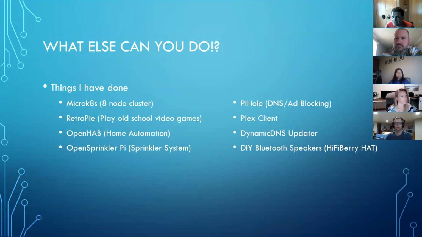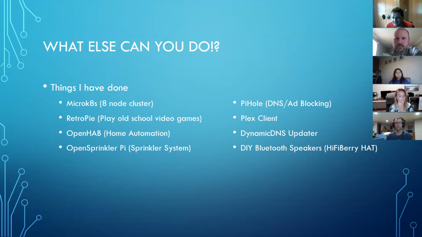I have Pi-hole, which is DNS ad blocking software that runs on a Pi, so it can do DNS querying, local DNS, and it can also block pop-up ads and stuff like that for your entire house, because it'll do filtering across your entire network in real time as you're surfing to suppress ads. Plex is a video platform I use for sharing movies, videos, and music.